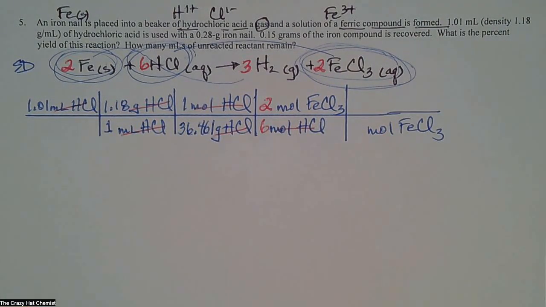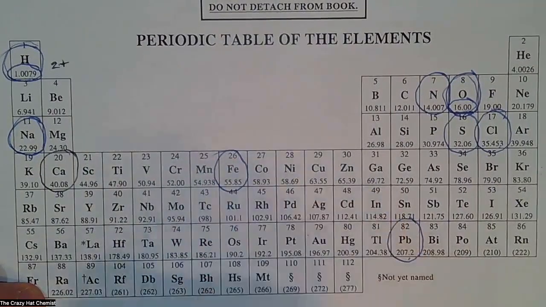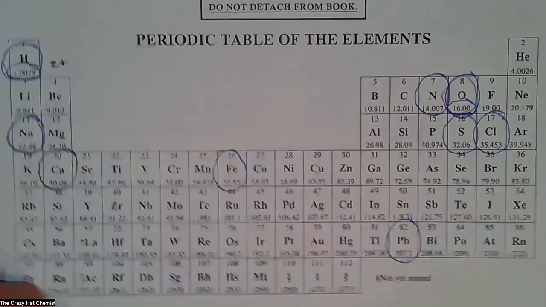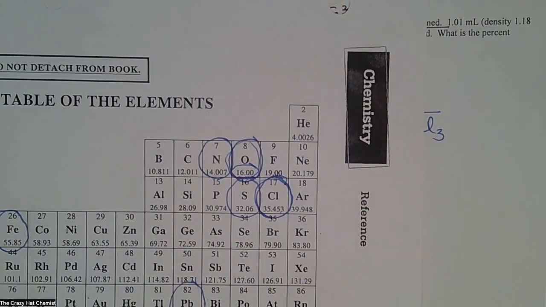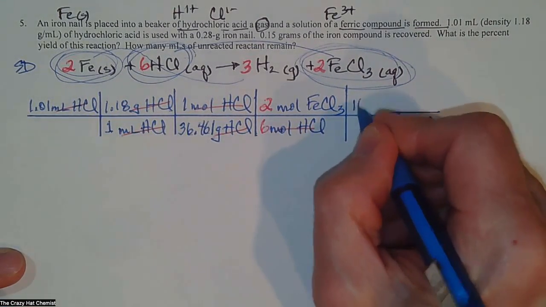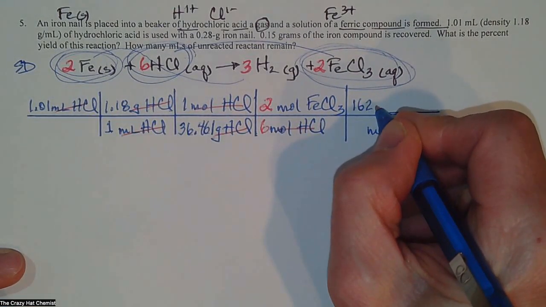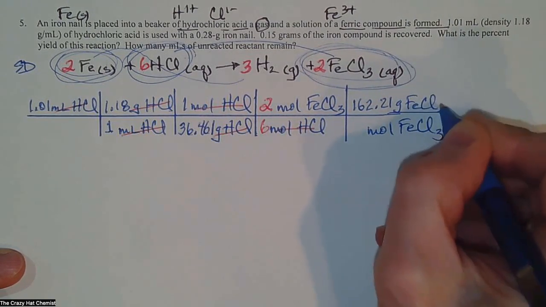And I need to acquire the molar mass for ferric chloride. So that is going to be iron at 55.85 times 1, chlorine at 35.453 times 3, and I'm going to round this to 2 decimal places. That's going to be 162.21 grams of FeCl3.